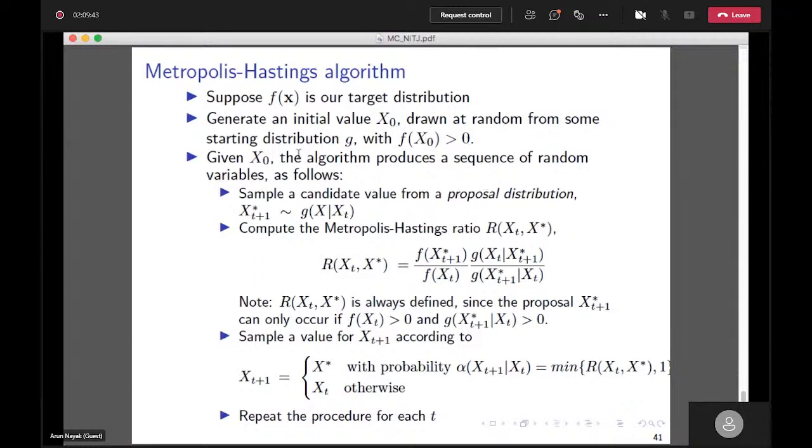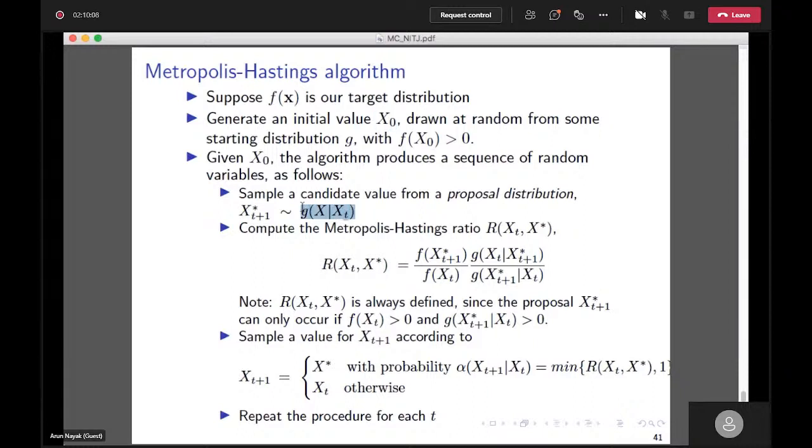Okay. So given x0, the algorithm then produces a sequence of random variables following this step. You sample a candidate from the proposal distribution. So g is called the proposal distribution. You start with some g of x0, a seed. Now you generate the next number from this proposal distribution.